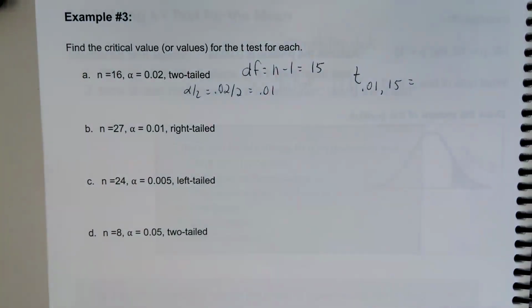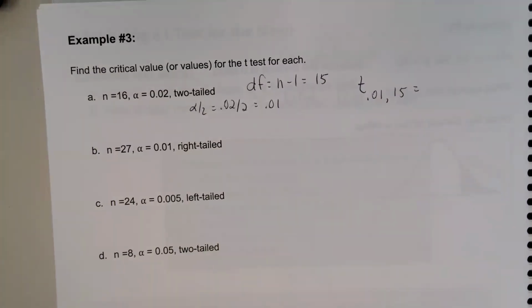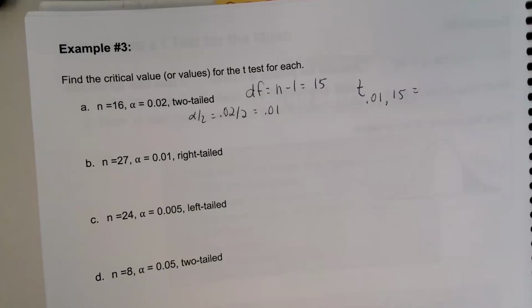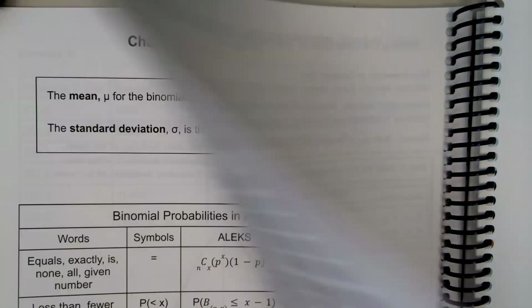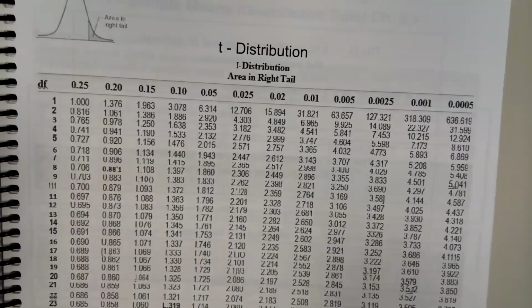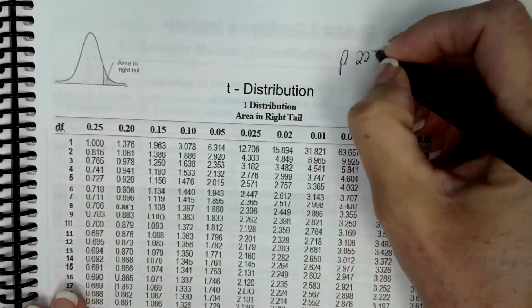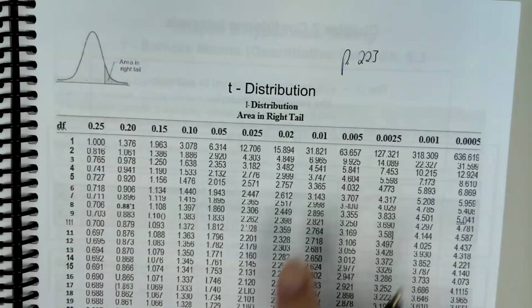We can go to the back of our course pack where the formulas are, and we can find this. So at the very back of our course pack are the t-tables, and that's on page, right now it's 223. It may change the next semester. That's on page 223.